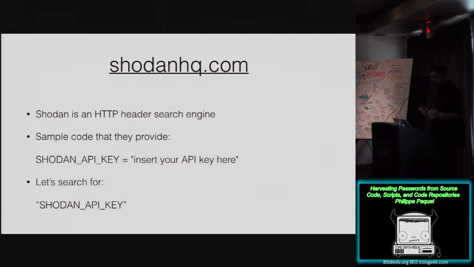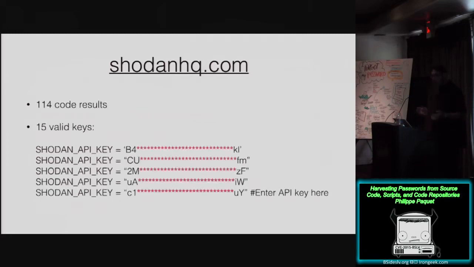Their sample code has a keyword, Shodan API key, so let's search for that. We only find 114 results, but we still find 15 valid keys. So the results for a tool geared towards the security community are about the same as something very sensitive geared towards the general public. One anecdote is that if you search for that keyword, you're also going to find the Hacking Team Shodan key because their source code was leaked and put on GitHub.